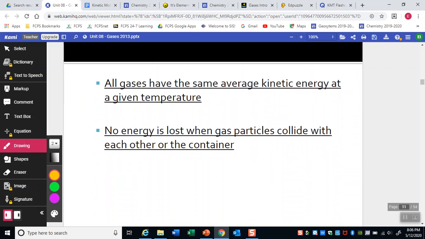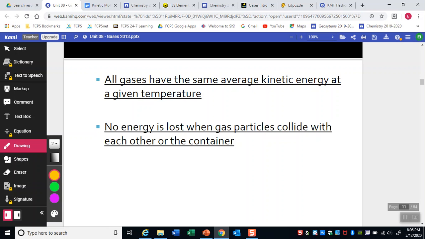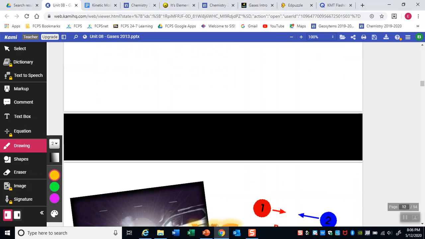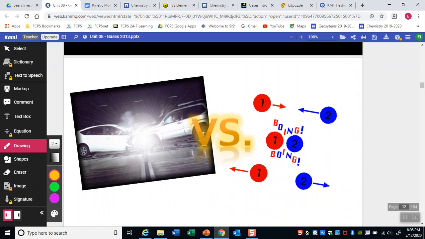No energy is lost when gas particles collide with each other or when they collide with the container. And this is different than we're used to, because we're used to energy being transferred. If you crash into another car, you come to a complete stop. All right. Particles are not going to do that. This is called an elastic collision, and it just bounces back the other way, exactly in the opposite direction.